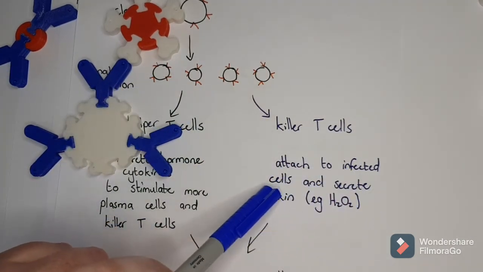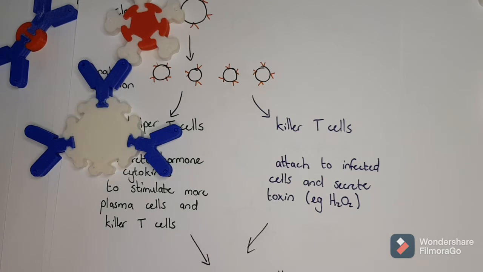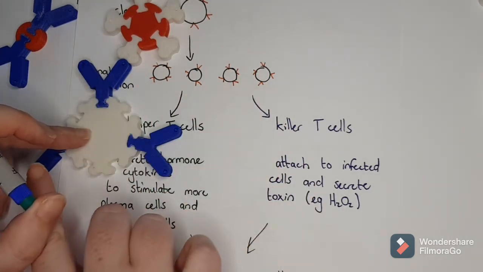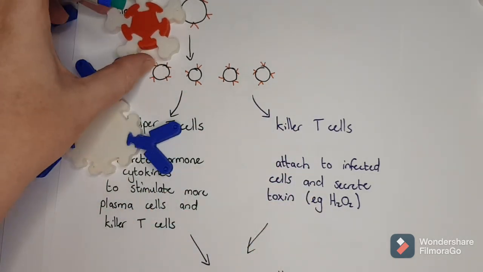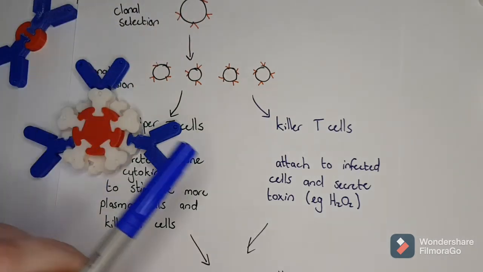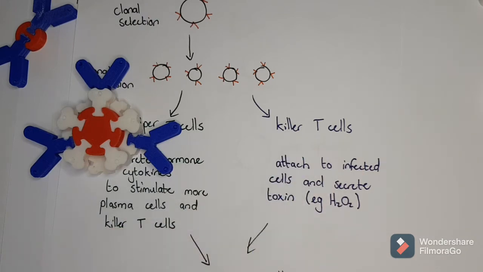And then it sticks to them and it secretes a toxin, usually hydrogen peroxide, but there can be lots of other toxins. And when it secretes it into the cell, it kills the cell as well as the pathogen that has been invading inside that cell. So that's why they're called killer T cells, because they kill those cells and anything that's invaded them.